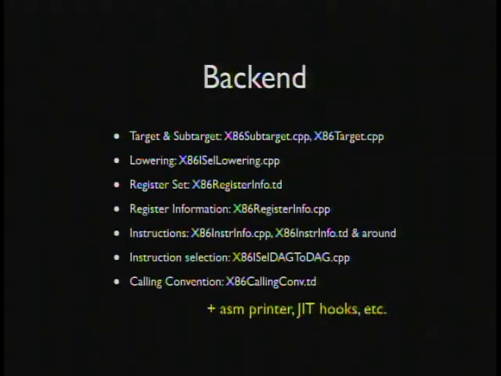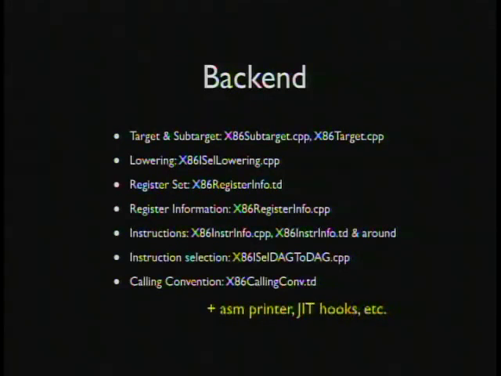So here is an example of the different parts a typical backend consists of. First of all, we have two classes, subtarget and target, which describe our target and provide some necessary information about different flavors of the target and so on. We have a special class for the lowering.